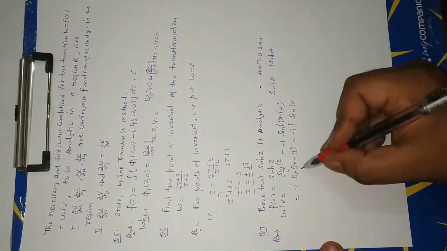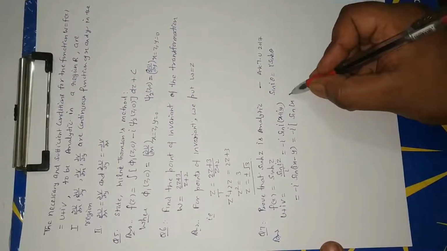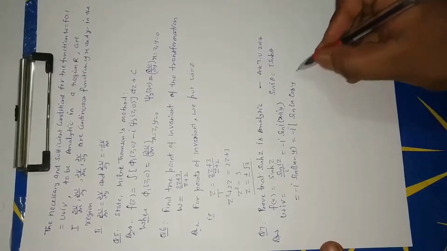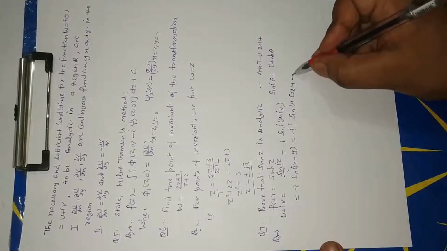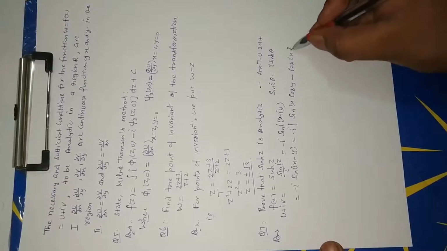This is the formula of sin(a - b), that is sin ix cos y - cos ix sin y.